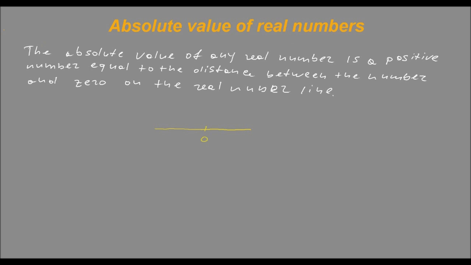So this is our 0, 1, 2, 3, and this is our negative side, -1, -2, -3.